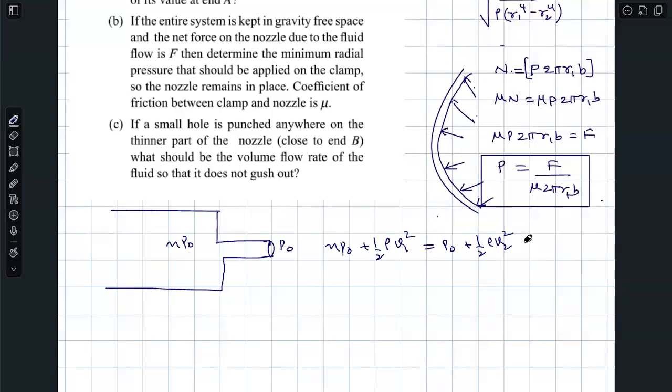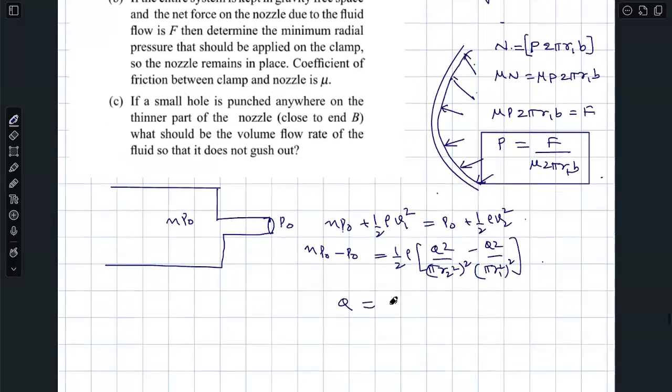ఇంకేం నేను చేసేది అయిపోయింది. N P naught minus P naught is half rho V2 square, Q square by pi R2 square whole square minus Q square by pi R1 square whole square. దీని నుంచి Q తీసుకోండి.